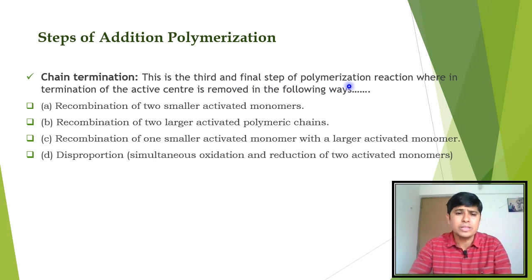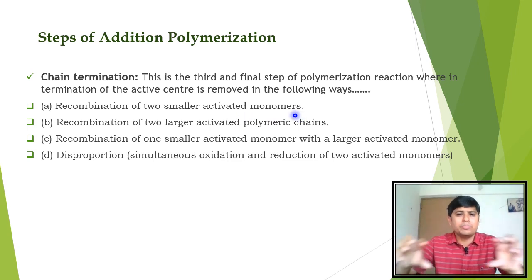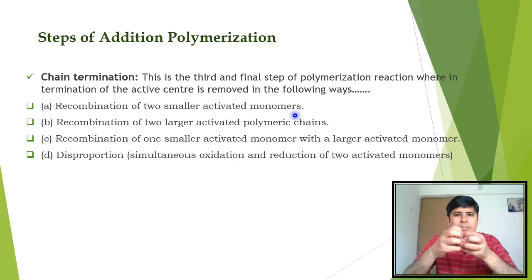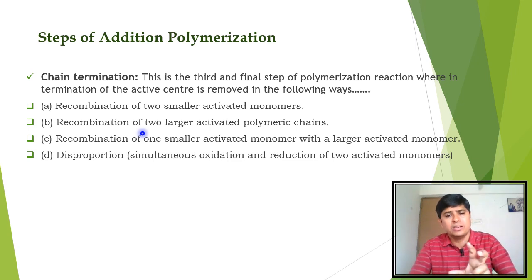It can be removed by recombination of two smaller activated monomers, or recombination of two larger activated monomers, or recombination of one smaller activated monomer with a larger activated monomer.